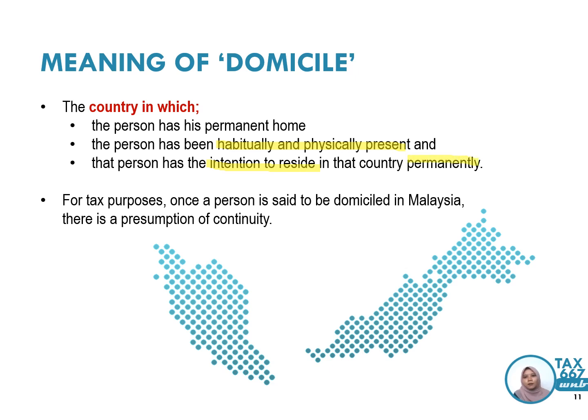So tak ada rumah tak apa, tak wujud secara fizikal dekat Malaysia pun tak apa, tapi as long as dia ada niat untuk duduk kat Malaysia secara kekal lah, permanent, itu dah dikira sebagai domicile. So for tax purposes, once a person is said to be domiciled in Malaysia, there is a presumption of continuity.